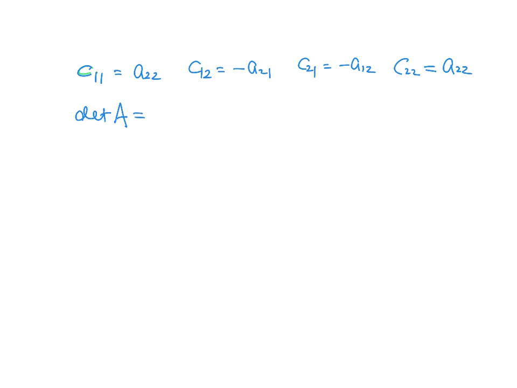So let's summarize. C11 is A22, C12 is minus A21, C21 is minus A12, C22 is A11. So the determinant of A for 2 by 2 is A11 A22 minus A21 A12, right?